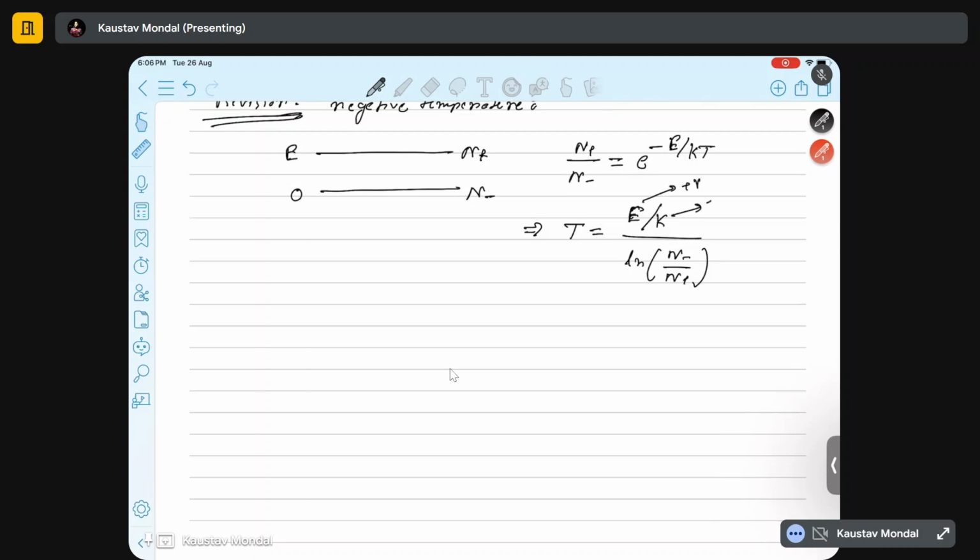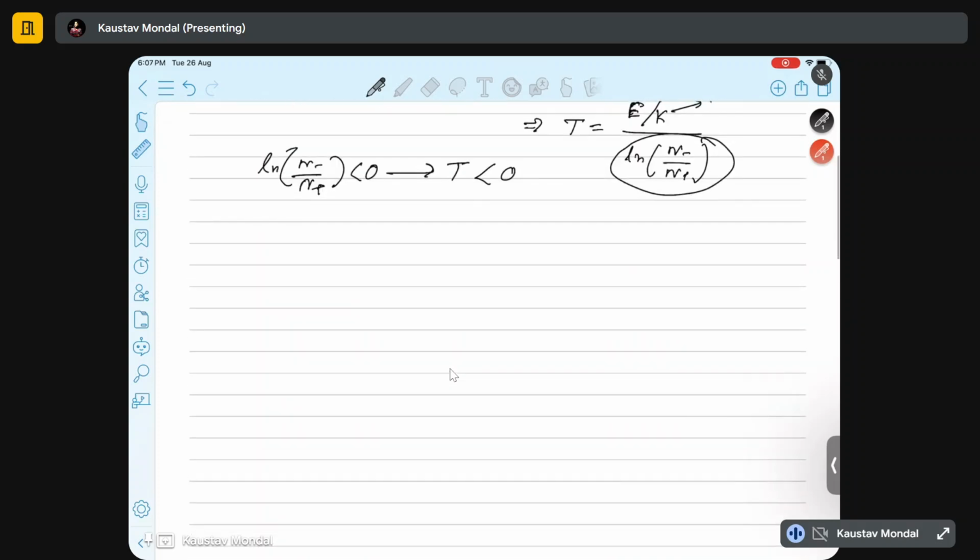This K also should be positive, right? So the only thing that can be negative is this log term. If it becomes negative, then the temperature will also become negative, right?